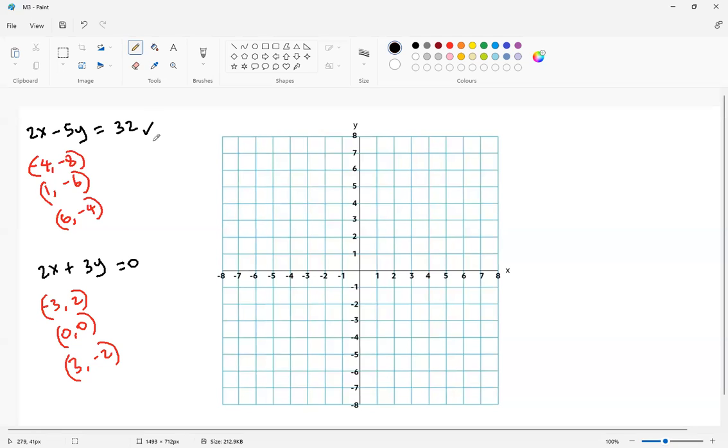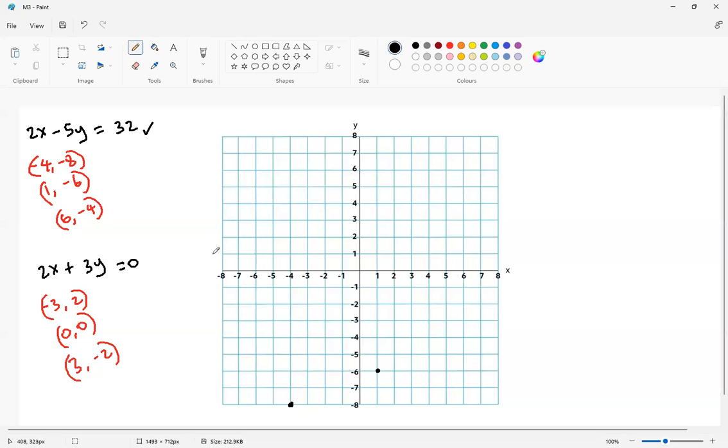We begin with this one, minus 4, minus 8. This is minus 4 and minus 8 here. Next is 1, minus 6. This is 1, and this is minus 6.